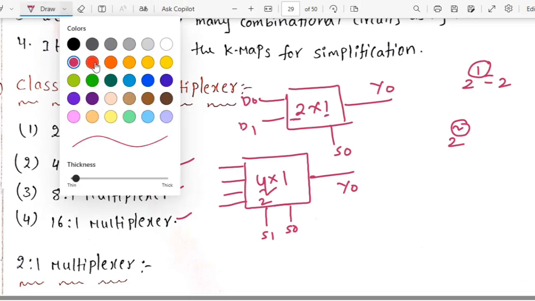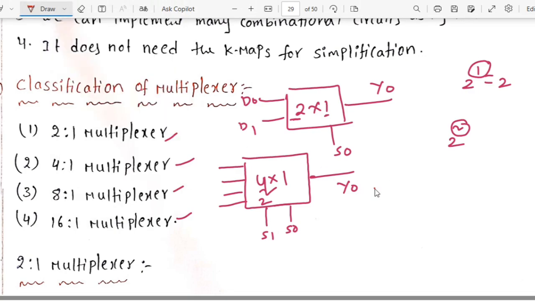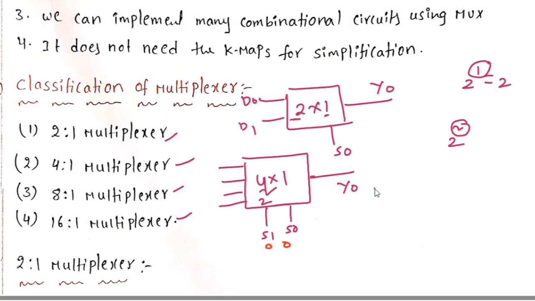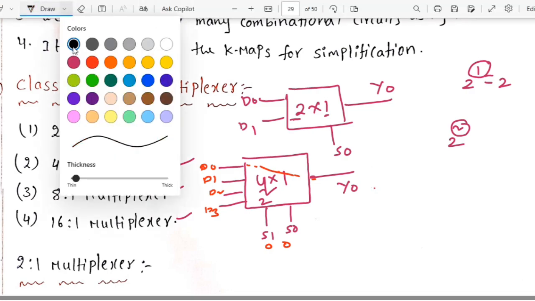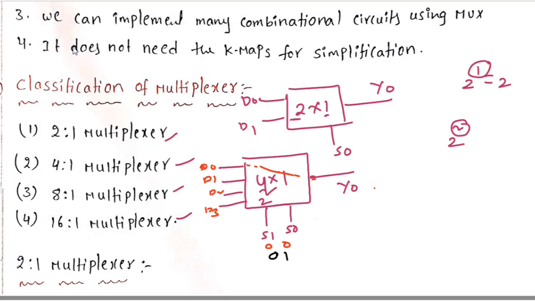We'll see now. When I write 0, 0, D0 will be connected to the output. When the selection lines are 0, 1, D1 will be connected to the output.